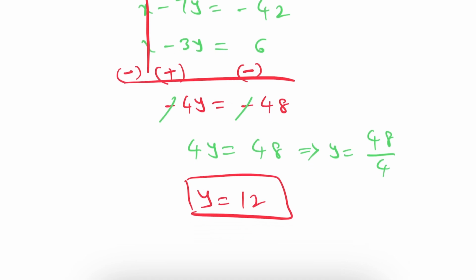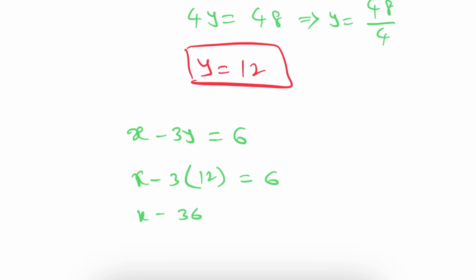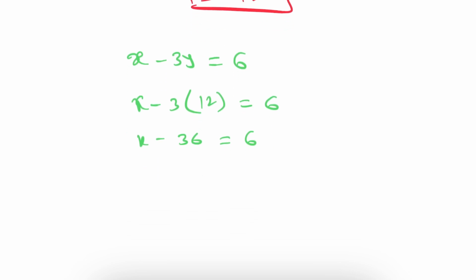Now substituting this Y value in any one of the equations, I am taking the second equation, that is X minus 3Y equals 6. X as it is, minus 3 into Y is 12, which equals 6. X minus 12 threes are 36 equals 6. Now taking minus 36 to the right side, X equals 6 plus 36, so X is 42.